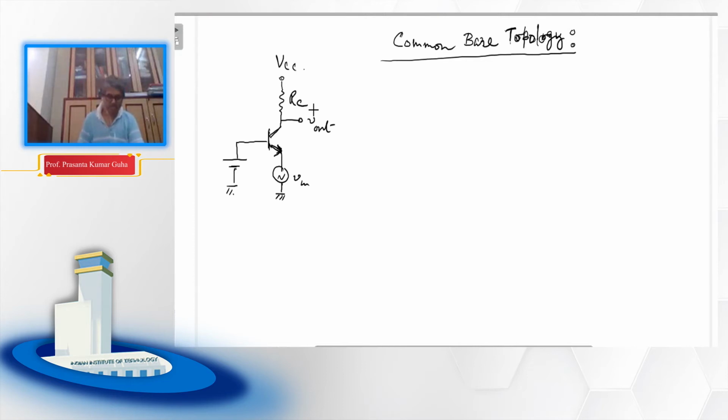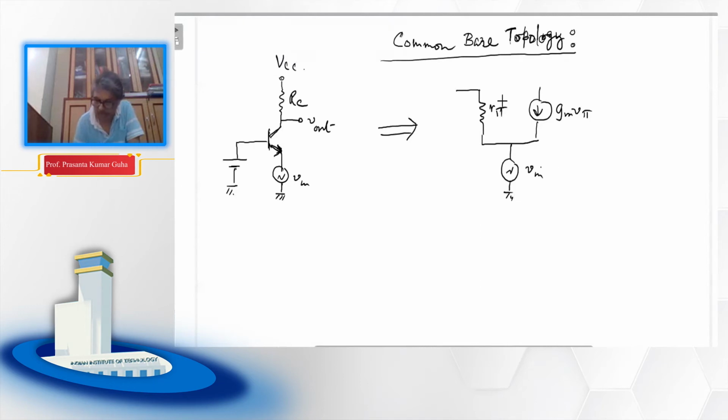The corresponding small signal model, again we can straight away draw. We will have R pi, we will have GM V pi. Here V in we are applying at the emitter, and of course R pi is basically grounded because that is AC ground, and there is also RC, which is also AC grounded on one side, and this is your V out.